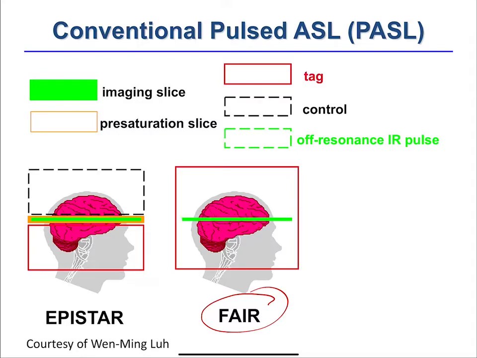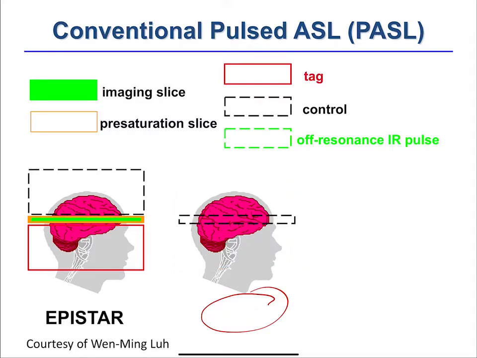And then for the control, it only inverts in the imaging plane. Okay? And so the things that are being imaged are inverted in both tag and control. So when you subtract that, you shouldn't get anything. But those spins that are in the tag are only inverted during the tag. So that's how that works.